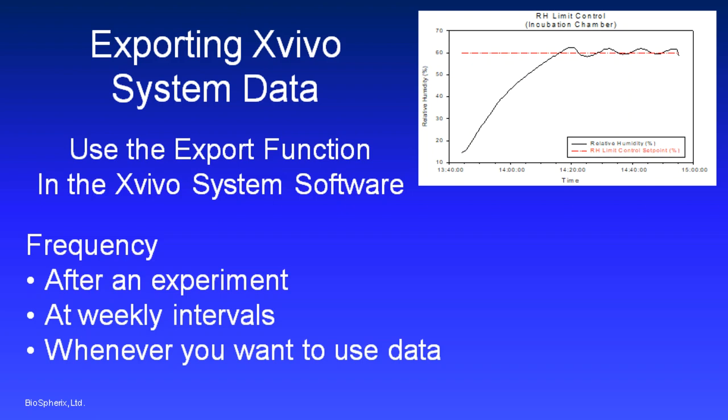You want to be able to show it off, or for, just general lab records. Anything you need to use the Xvivo sensor data for, you need to export it. And we'll export data after a big experiment, after a big product run, or we'll do it at weekly intervals. We don't like to let it go longer than about a week before exporting this data.